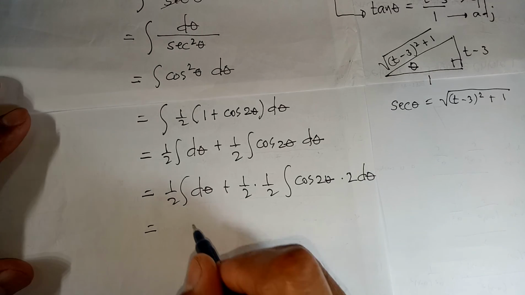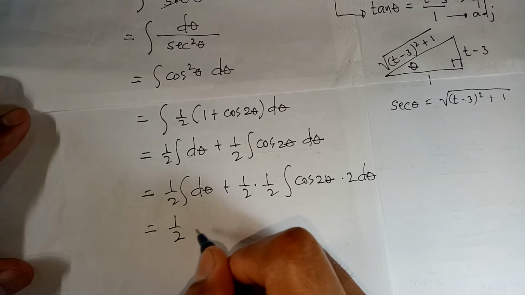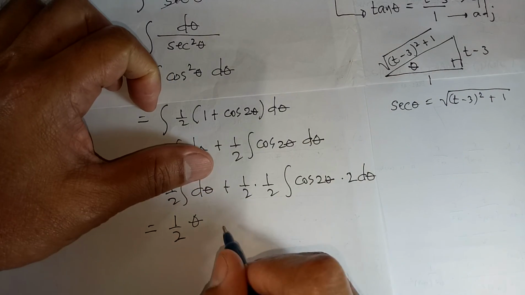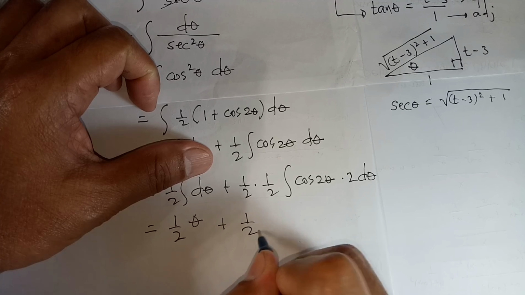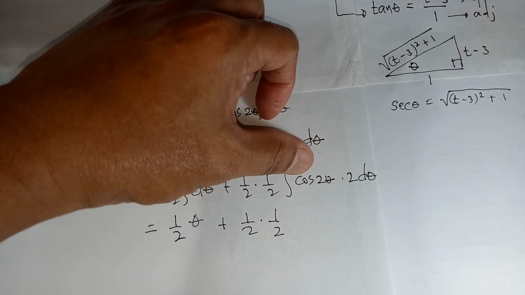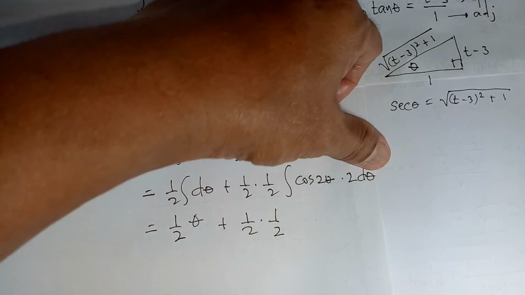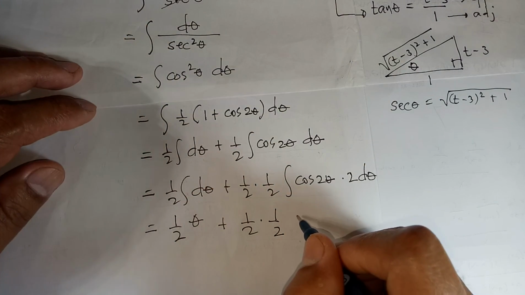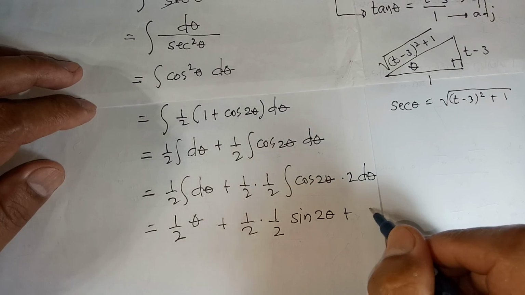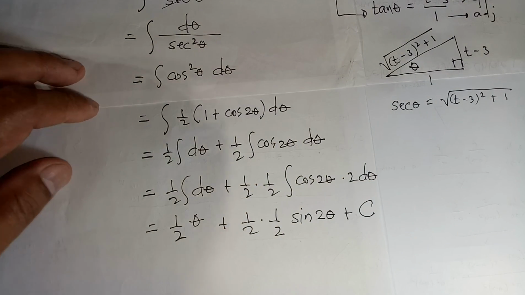Okay. Tapos, pwede na tayo mag-integrate. So, meron tayong 1/2 integral of d theta equals theta. And then, plus 1/2 times 1/2. So, integral of cosine 2 theta times 2 d theta ay sine 2 theta, and then plus c. Okay.